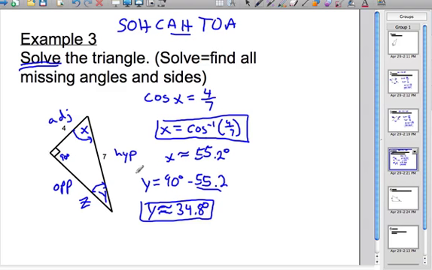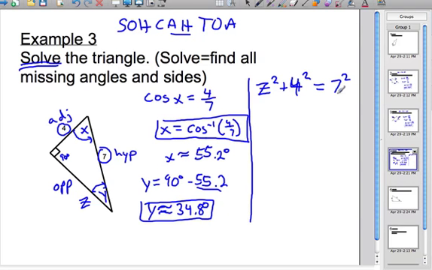Okay, I guess you could use trigonometry to find z, but since we have an exact value for each of the other two sides, I would use the Pythagorean Theorem. So we can just use the Pythagorean Theorem to find z. Z is not the hypotenuse, so z squared plus 4 squared should equal 7 squared, because 7 is the hypotenuse.